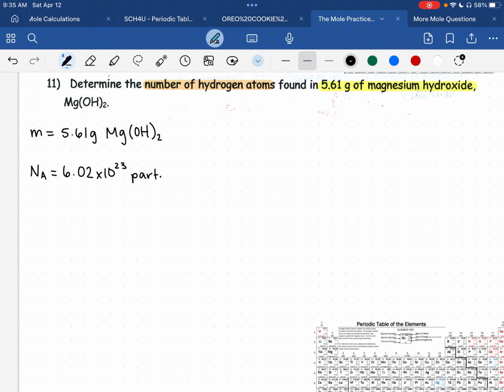I'm just going to shorten that to particles per mole. And there's no grams involved here. So I need to figure out a conversion factor that involves grams. I need to connect these two using moles and grams. So basically I'm using the molar mass to do that.